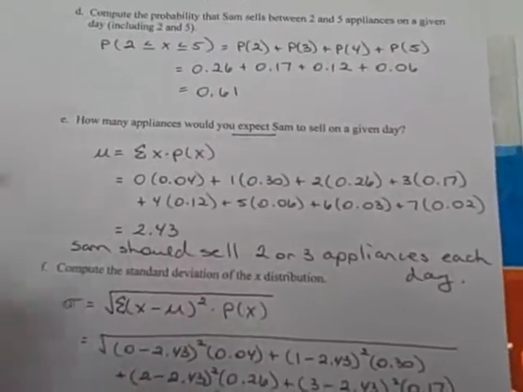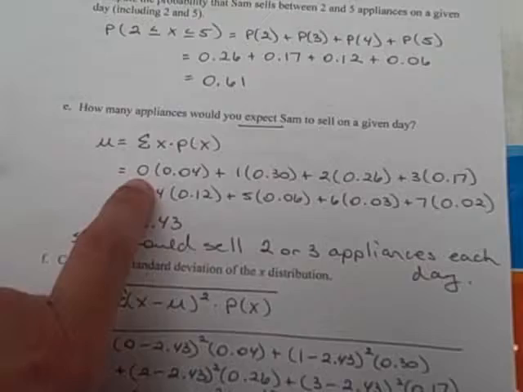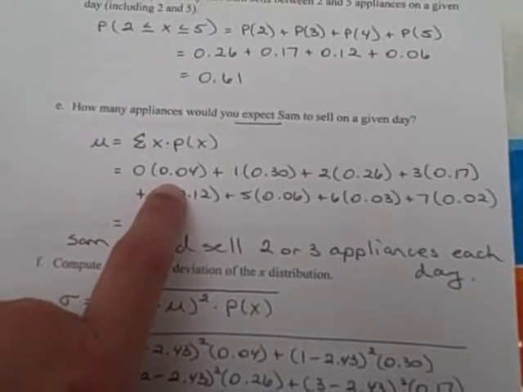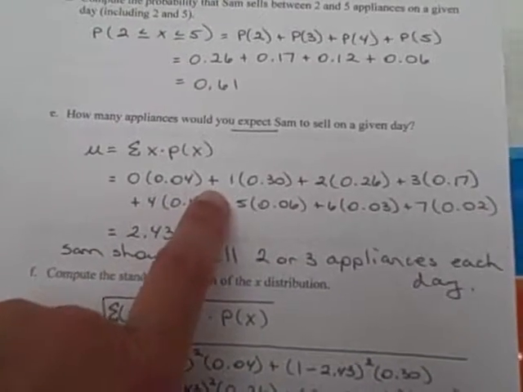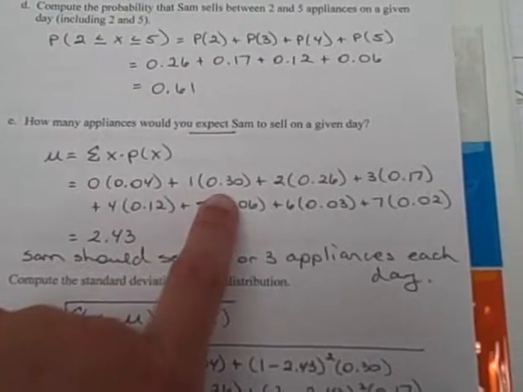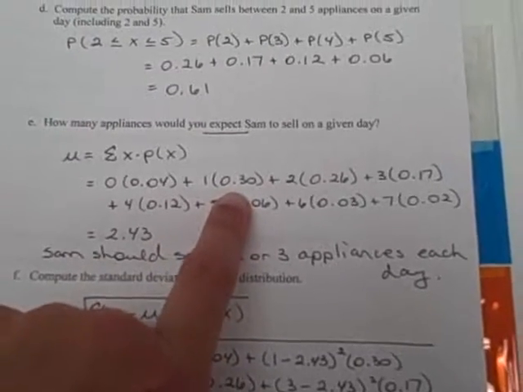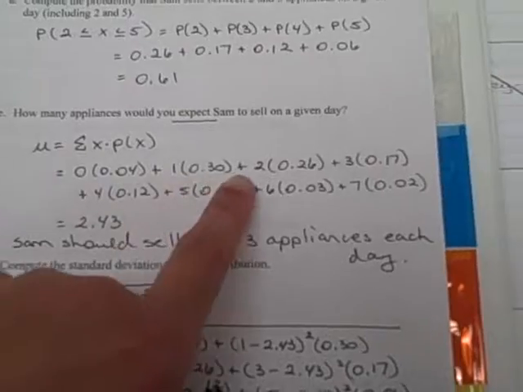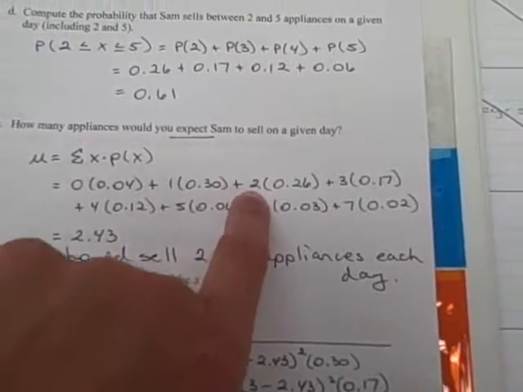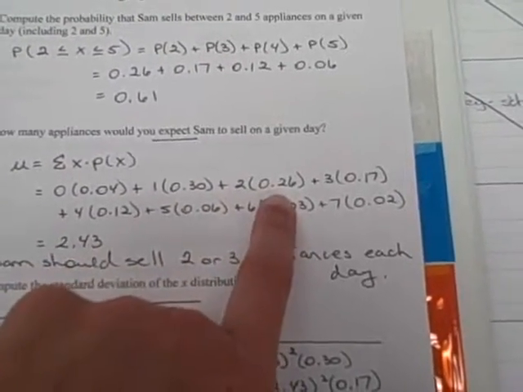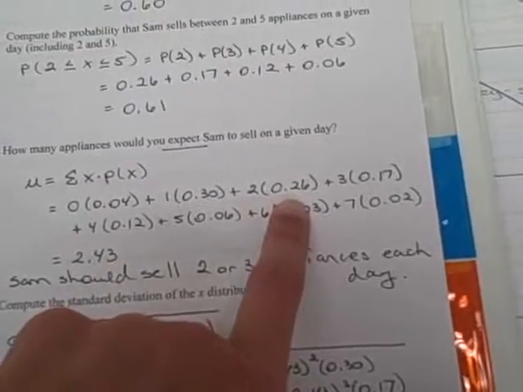So let's see what I did here. Our first value was 0 appliances, and its probability was 0.04, plus 1 appliance times the probability of selling 1 appliance, 0.30, plus 2 appliances times the probability of selling 2 appliances, 0.26.